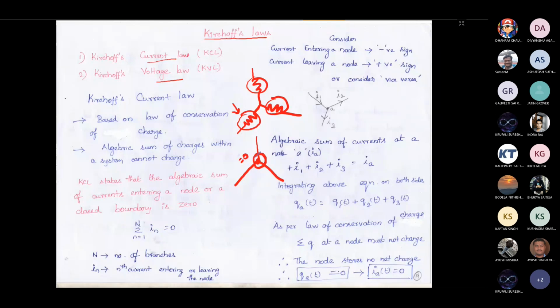In another way, if some current is entering and some current is leaving, we'll mention some current entering so that it will be easy to understand. So you can say that the sum of currents entering and leaving at this node will be equal to 0, or in a generalized way, the summation of current at this node will be equal to 0.